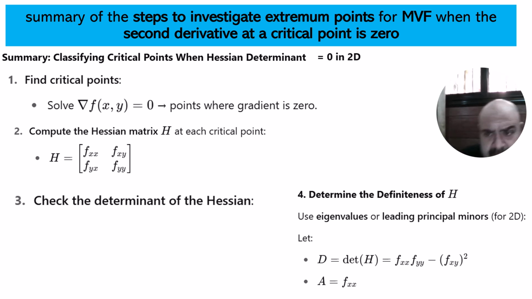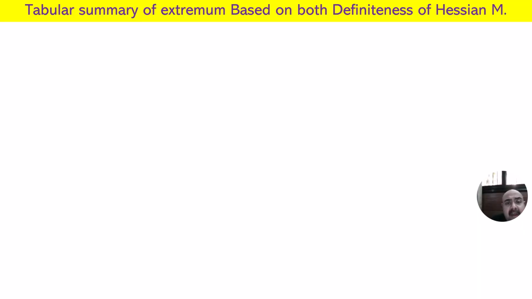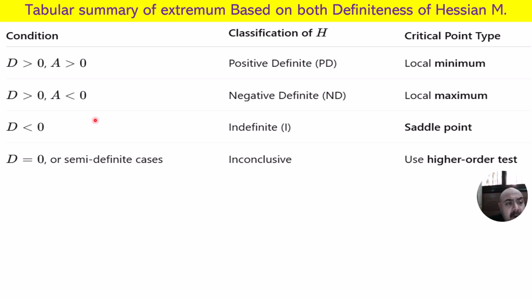of this critical point. I want to link how to deal with the determinant or the value of the test at the Hessian matrix, and also to connect this with the definiteness of the Hessian matrix. This table is very, very good. So if you have the value of the determinant greater than 0 and the f double x is greater than 0, you will have a local minimizer, which stands for, from the point of view of positive definite or negative definite, all the elements of the Hessian matrix are positive definite, I will have local minimum.